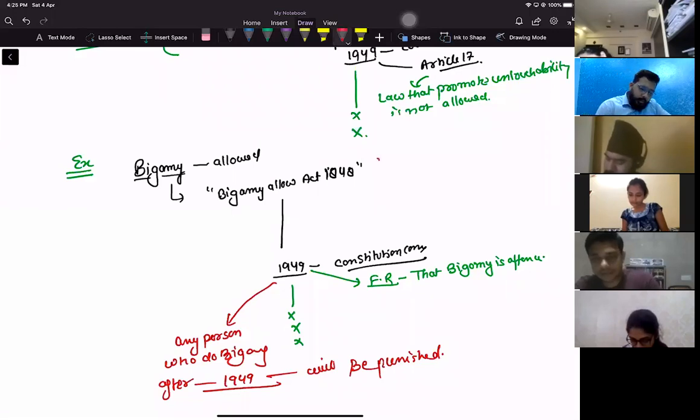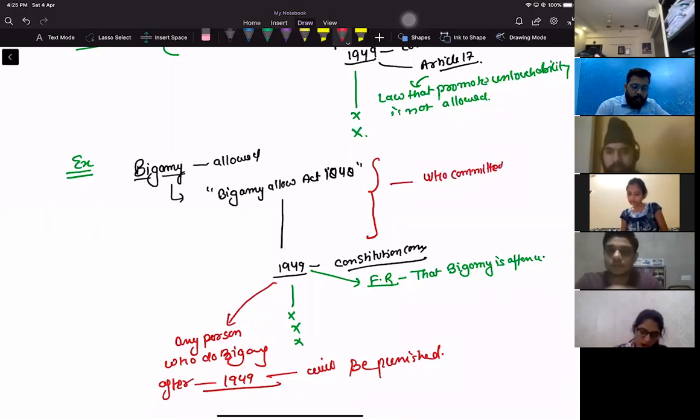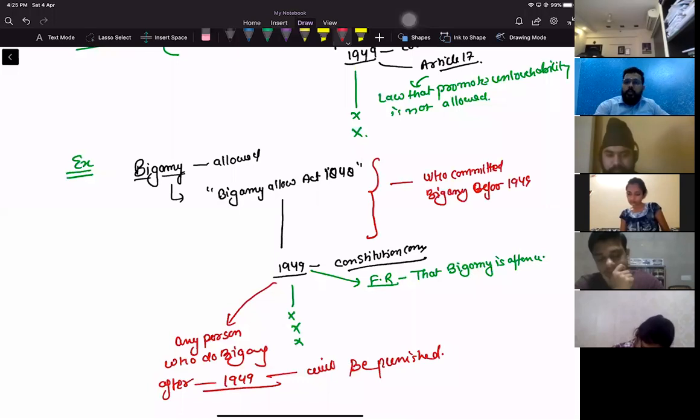But what about the person who committed bigamy before 1949? Will they also be punished? मैं वहीं आ रहा हूँ भूपेंद्र, उसी example को create कर रहा हूँ. What happened to the person who committed bigamy before 1949? Will they be punished?